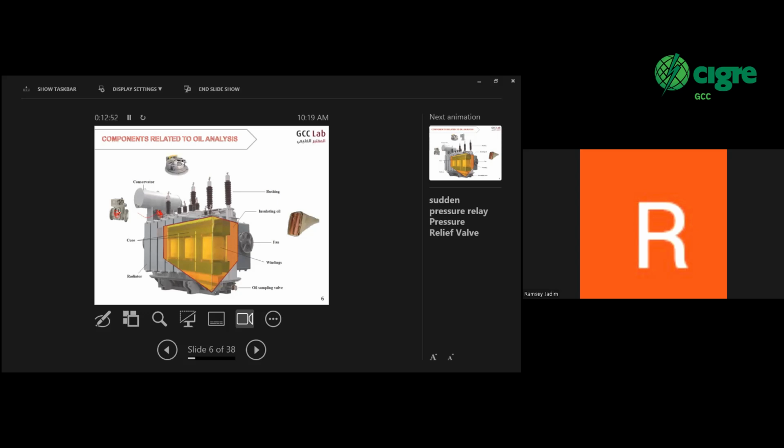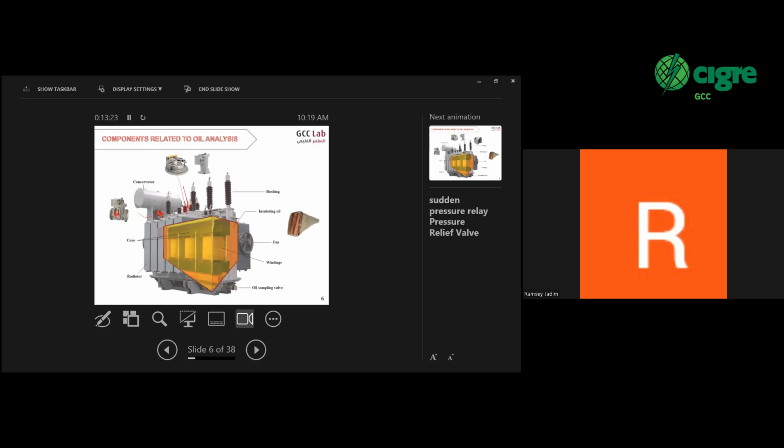We also have pressure relief valves. They are on the upper side. This one is also affected by the gases from the oil. If too much partial pressure comes from the gases, it will also give an alarm. But the problem is that this one also goes direct to trip the transformer.